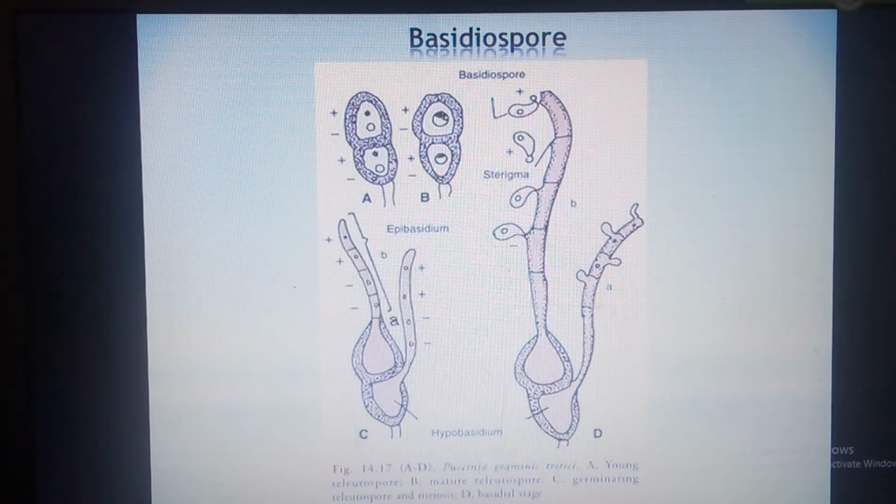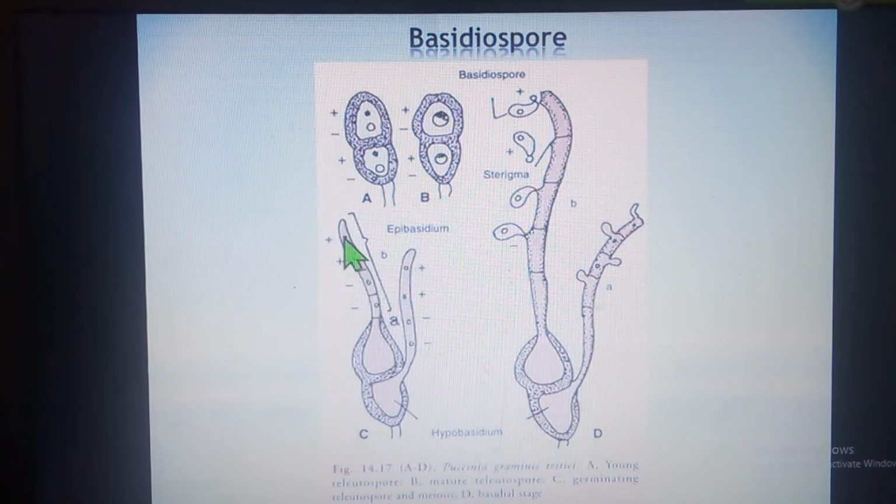So here the probasidium now becomes 4-celled: 1, 2, 3, 4. It has become 4-celled by transverse wall formation.